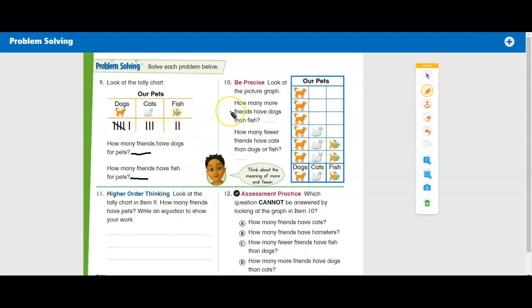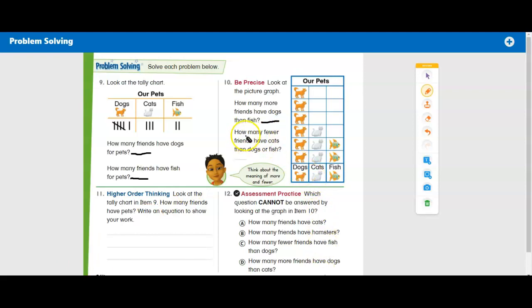Our first question says, how many more friends have dogs than fish? So look at how many friends have dogs and how many friends have fish. Then count how many more dogs there are than fish and write your answer in the blank.